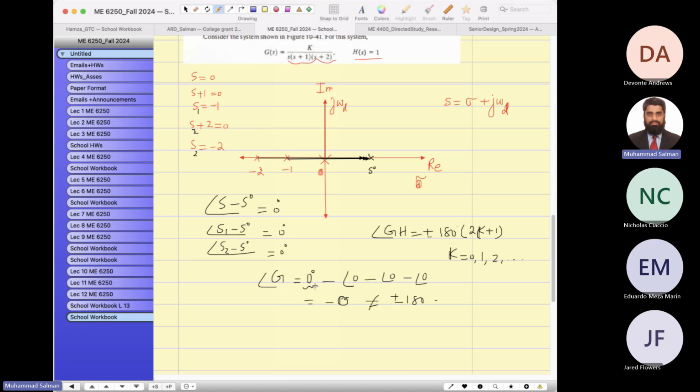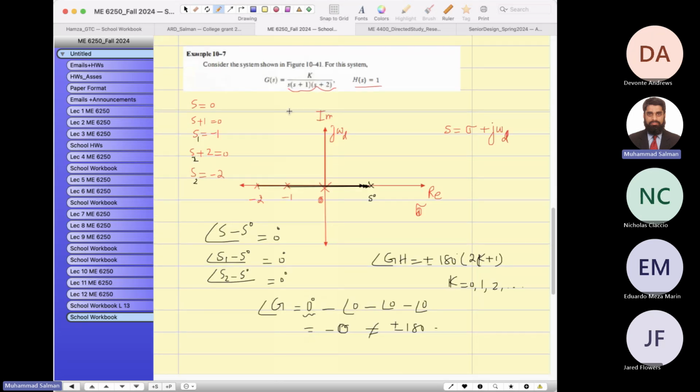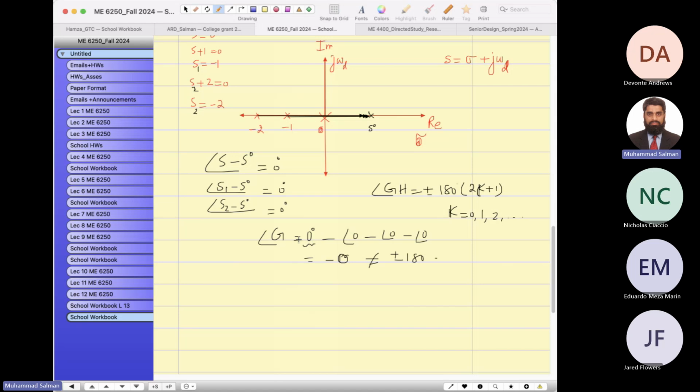You might be asking, Professor, where is this 0 degree coming from? If you take a look, the angle for this constant is 0. The numerator polynomials' angle, actually this is just a constant, so they are positive values.